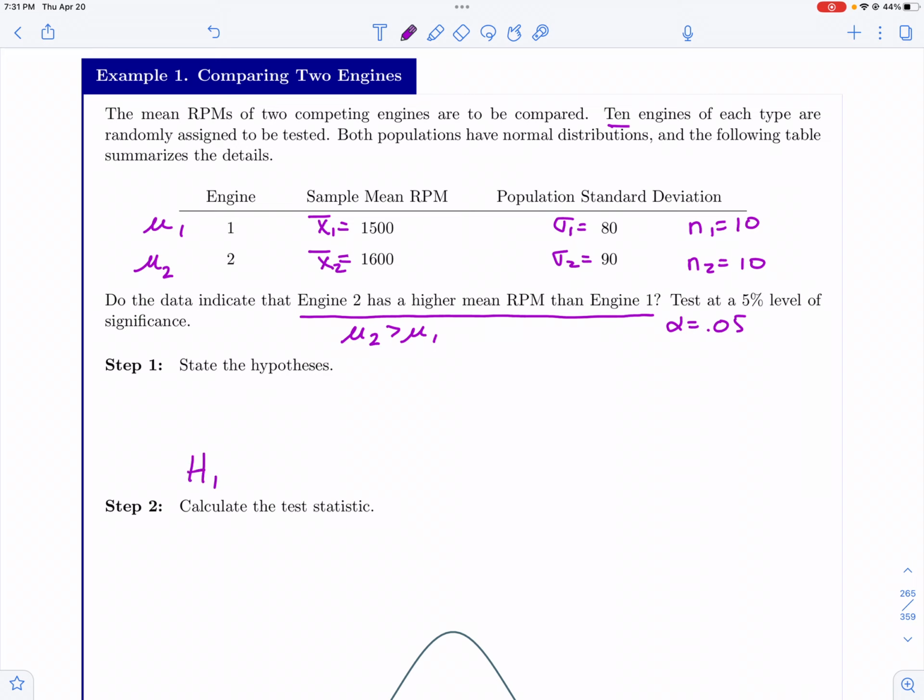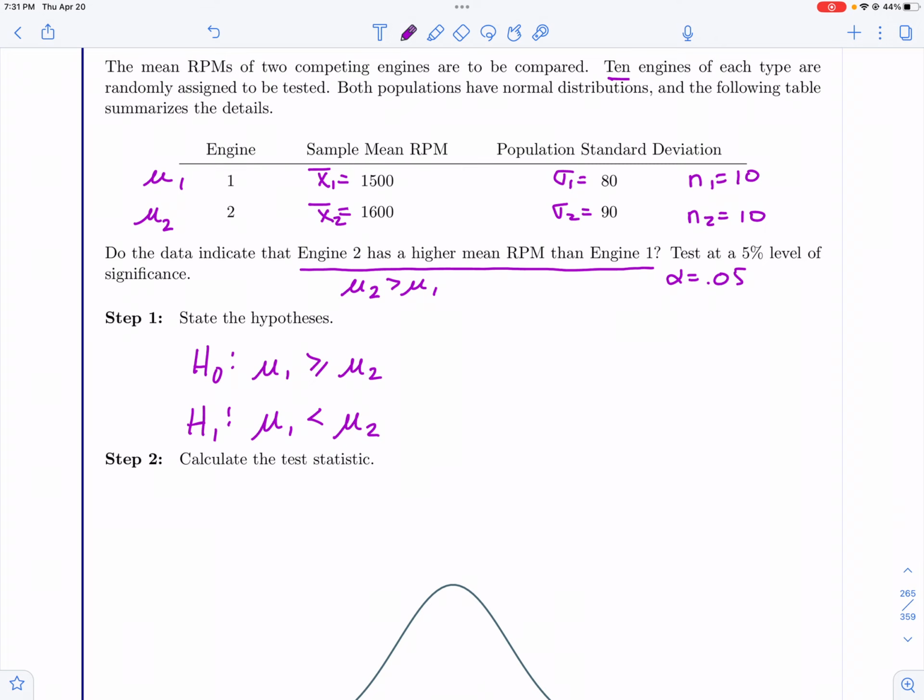So if we want the mu1 first, then this is actually going to be written as mu1 is less than mu2. And then our null hypothesis is going to be that mu1 is greater than or equal to mu2. All right, so perfect. So again, remember when we're writing our claim, we always want mu1 first, then mu2. Otherwise, it'll mess up our graph and everything else to go with it.